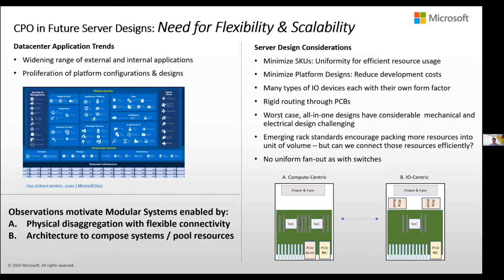One of them is, how do you make the physical disaggregation with flexible connectivity happen with the right interconnect technology, topology, all the componentry around interconnects? And what is the architecture that allows us to flexibly compose systems and pool resources, right? Those are the two top level challenges that we really need to be able to address, okay?